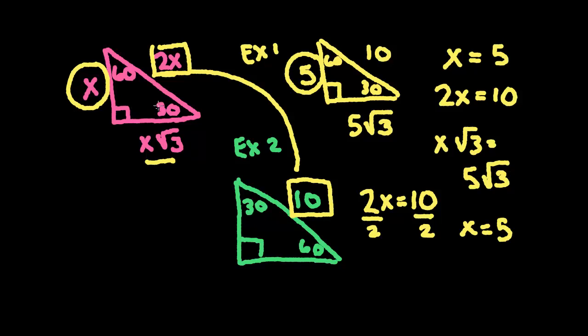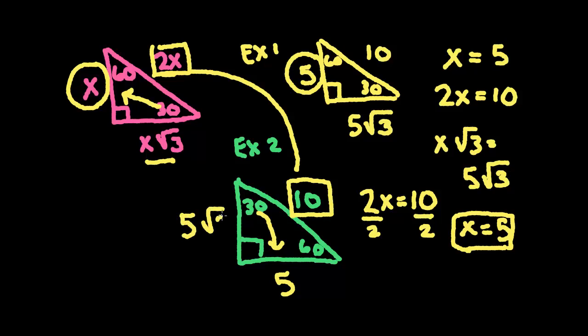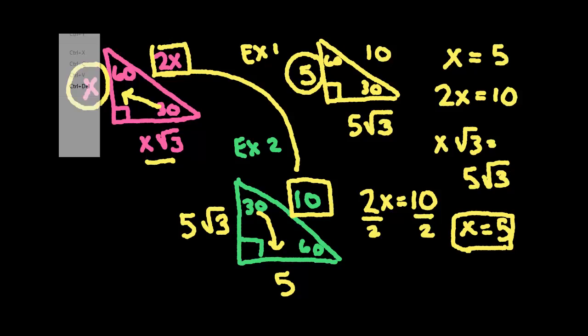Well, I know the side opposite the 30 is x, so that's this side here. So since x is 5, that side is 5. The side opposite the 60 is this x value, 5, with the square root of 3 stuck at the end. So 5 square root 3. So that is the solution for that one. Actually, it's the same problem as the last one, just slightly different because my 30 and my 60 are in different places. So let's clear the screen.